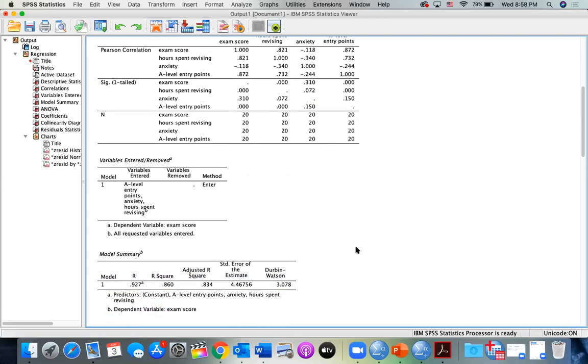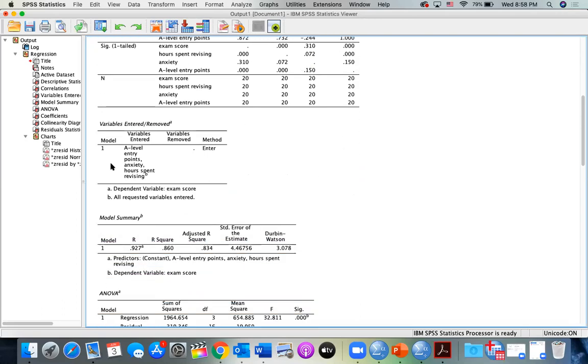So if we move to the third table, these tables specify which variables are in my model. So you can see that this sentence is telling you that all requested variables were entered in your model, since you chose the enter method of adding variables.